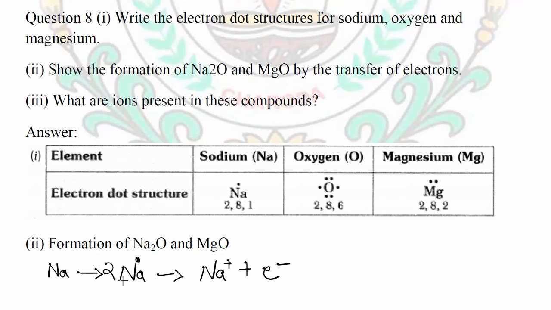So here 2 sodium atoms will be used in order to obtain 2 electrons. Okay, we can also multiply by 2 afterwards. So just writing here only one sodium. Okay, so this will be the reaction.